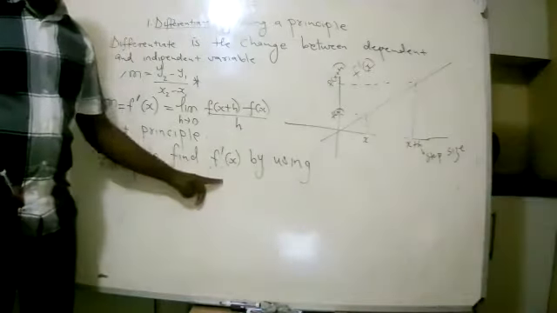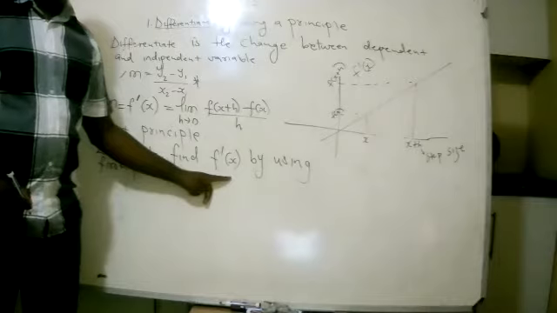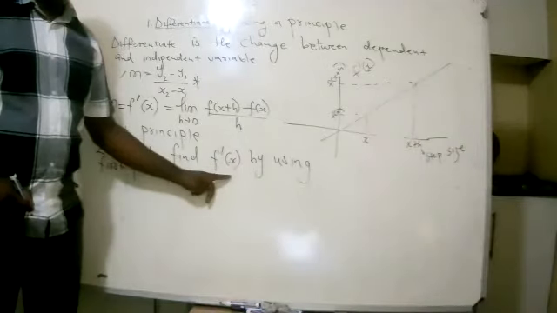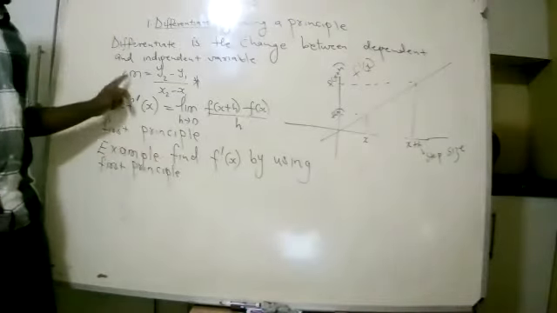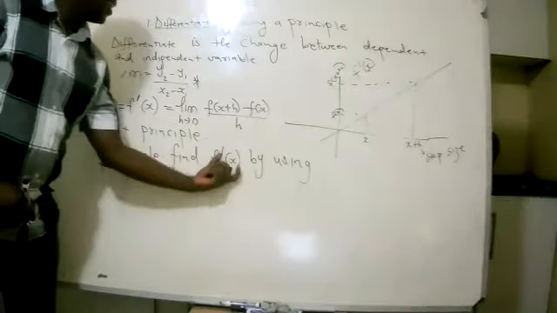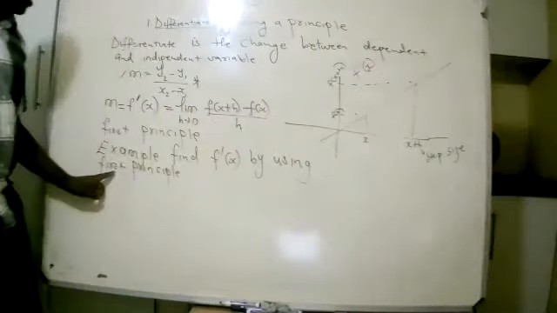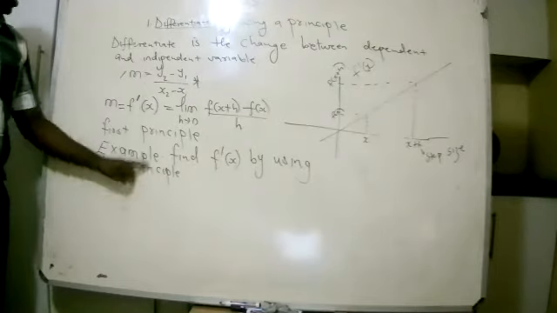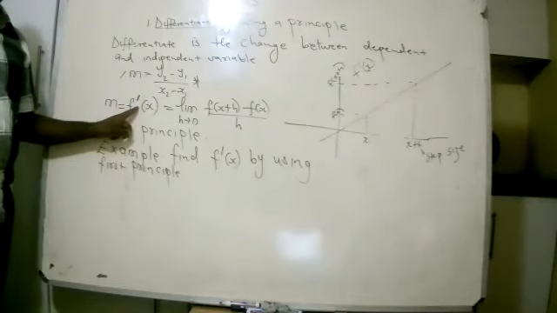What did I say f prime x is? If you remember, f prime x is the gradient. Don't forget that. So we want to obtain the gradient by using the first principle. What is first principle? First principle is this formula. Are we all together?